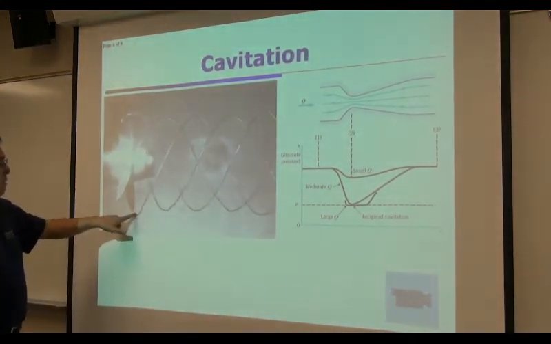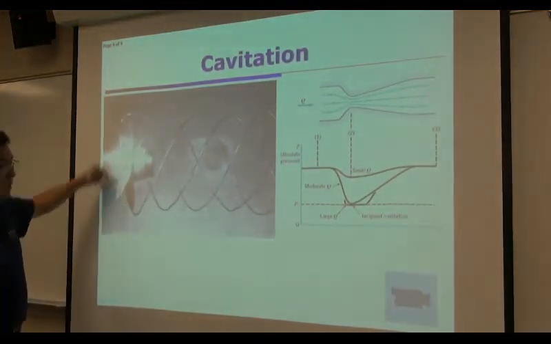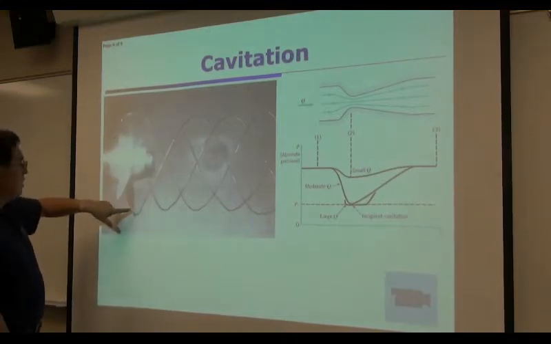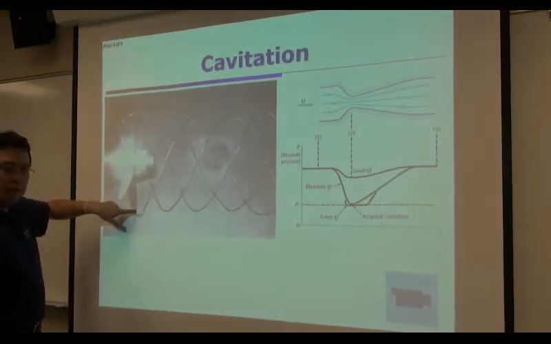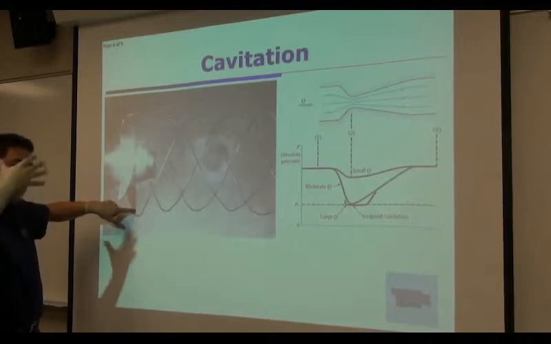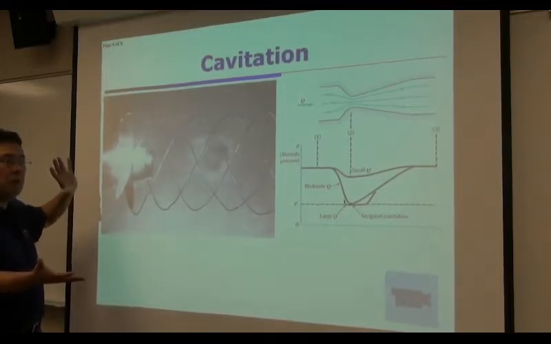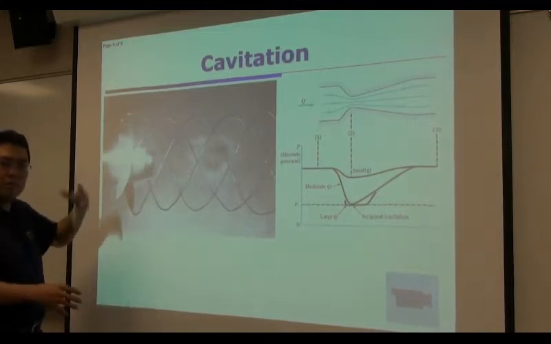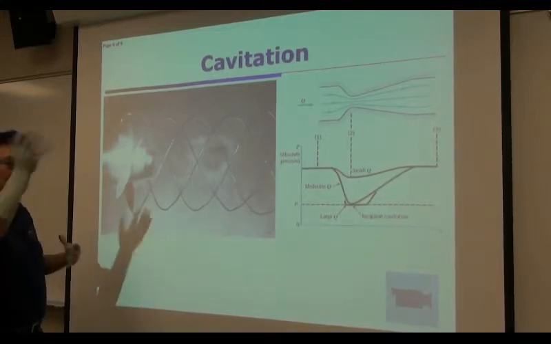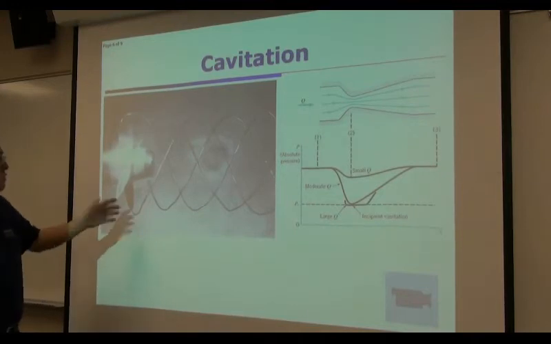This is one such example. At the tip of the propeller here, because it's spinning really fast, velocity right here is really fast. If the velocity is high value, pressure goes down, Bernoulli's equation. If the pressure goes up, velocity goes down. If the velocity goes up, pressure goes down. Bernoulli's equation says so.